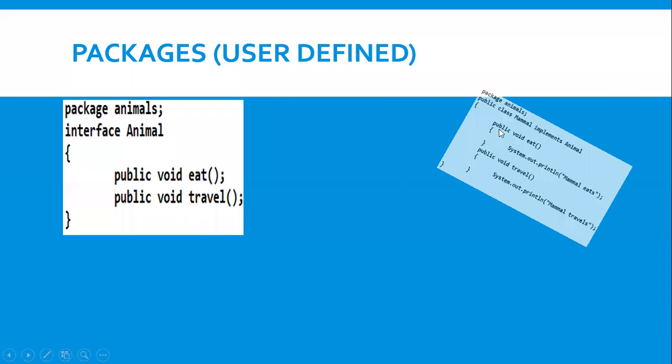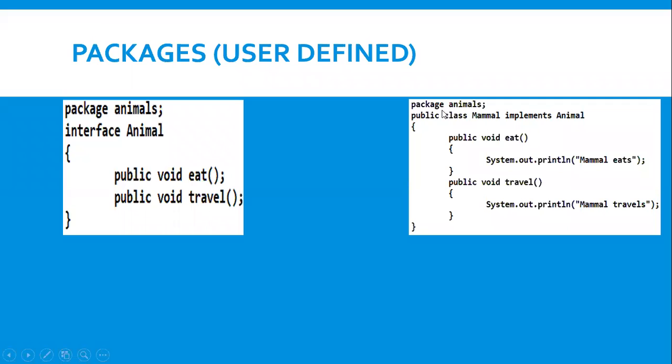Second, I have created the class called mammal in the same package called animals, and this mammal implements animal. It will implement the methods eat and travel in the class called mammal. Don't be confused: this animal interface and mammal class belong to the same package called animals.